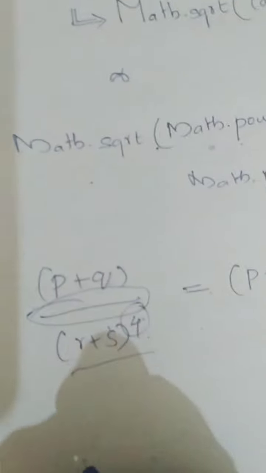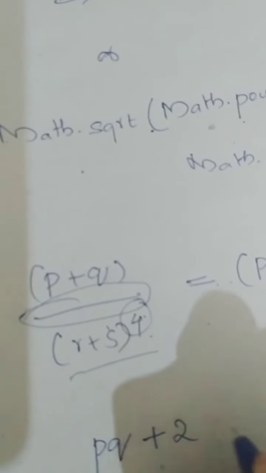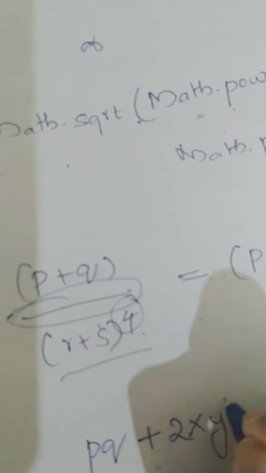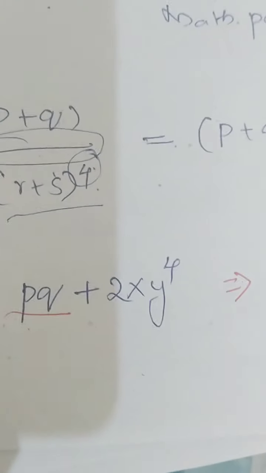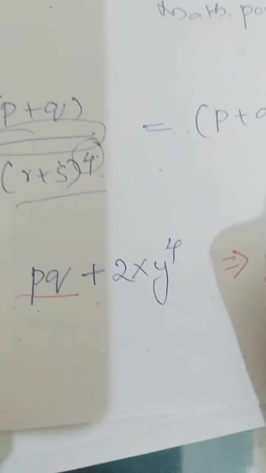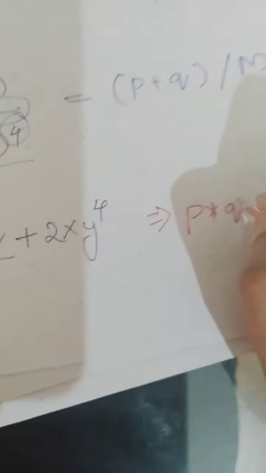Next one more thing. PQ + 2xy^4. How will you write this? There is no PQ in Java. You have to write operators for that. PQ means it is multiplication, so you have to write P * Q. Plus 2xy^4.